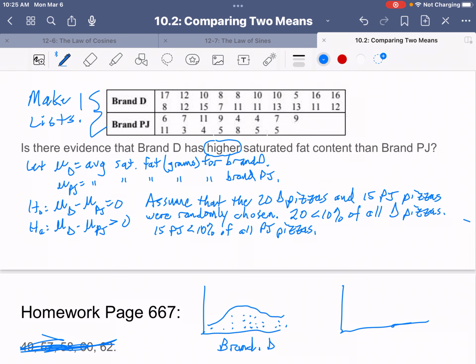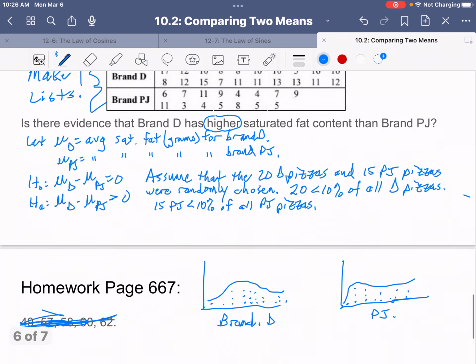Now I'm going to ask it to quickly make a dot plot of brand PJ. Well, I'm having a little trouble with brand PJ.